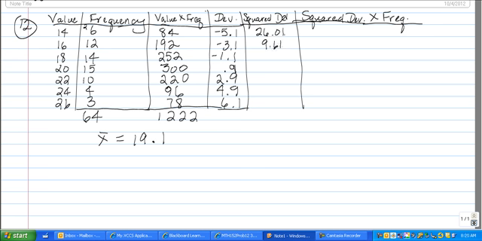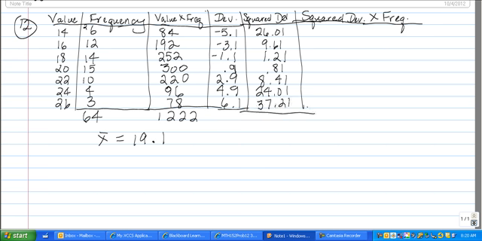Negative 1.1 squared is going to give us 1.21. 0.9 squared will give us 0.81. 2.9 squared is going to give us 8.41. 4.9 squared gives us 24.01. And 6.1 squared gives us 37.21.